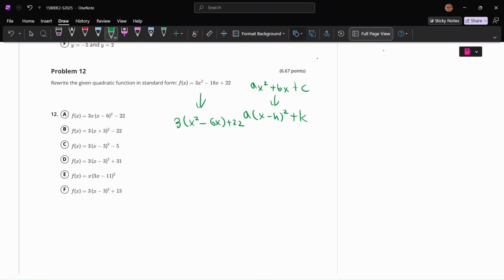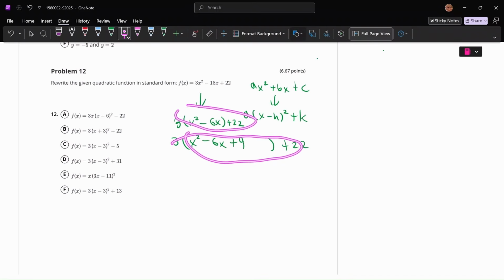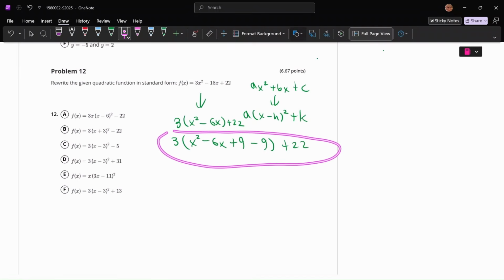So you'd end up with 3 times x squared minus 6x plus 9. The problem is, this is not equal to the original because we added a 9. So we're also going to have to subtract 9 to make a new equivalent expression.